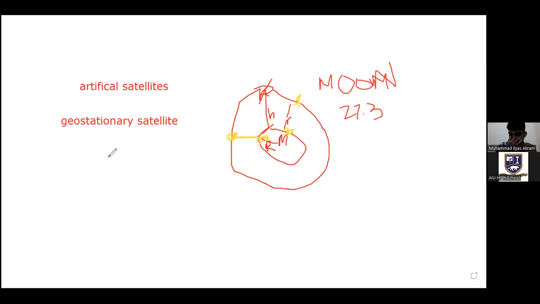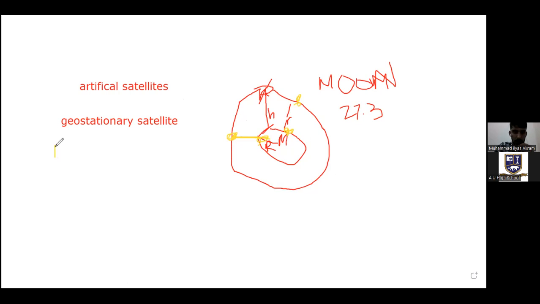So now there is a small derivation about artificial satellites. We can say that these artificial satellites move around the Earth by centripetal force. The force that keeps the satellite around the Earth is called centripetal force.